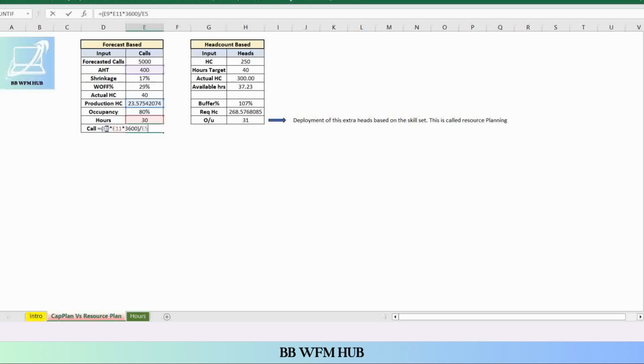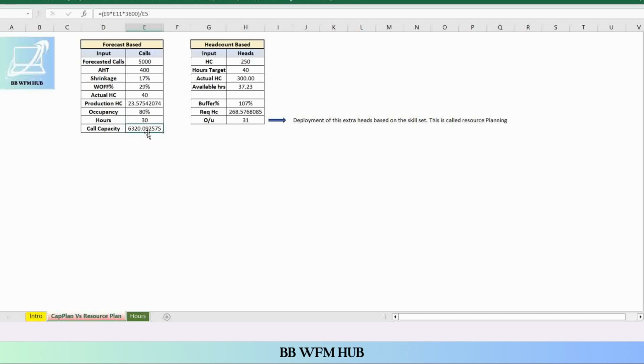By multiplying our production headcount with the hours, we are calculating the number of hours that the agents are providing us. If we multiply this by 3600 seconds, that means the number of seconds the agents are providing us, and then we divide this by the AHT so that we can get our call capacity.